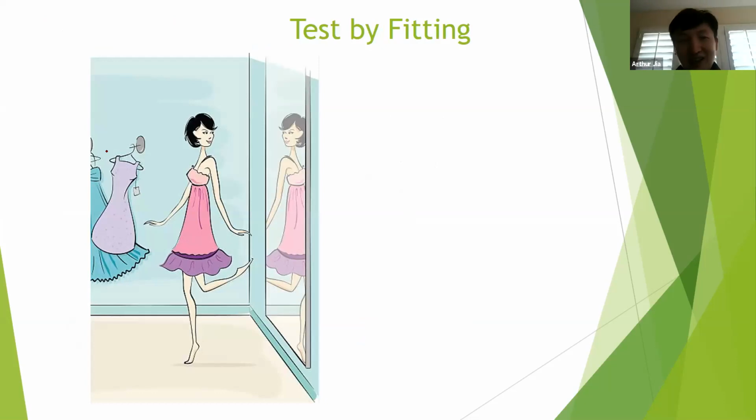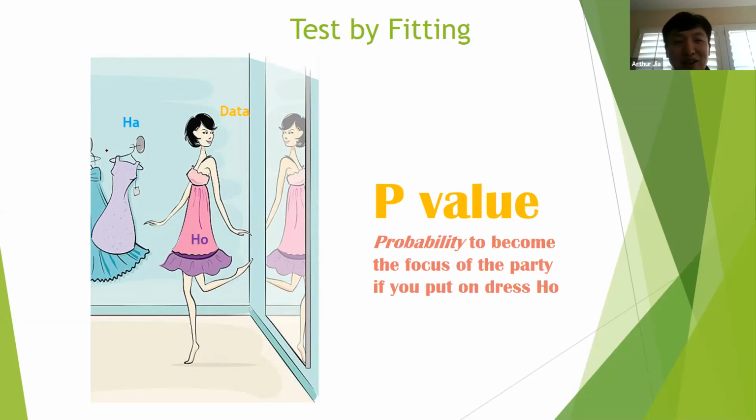So, okay, let me show you. Suppose with very short notice, you are invited to a very important party tonight after work. Of course, you want to become the focus of the party, so you need to pick a beautiful dress for yourself.